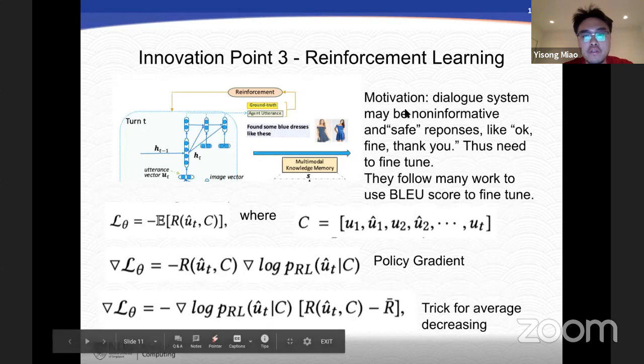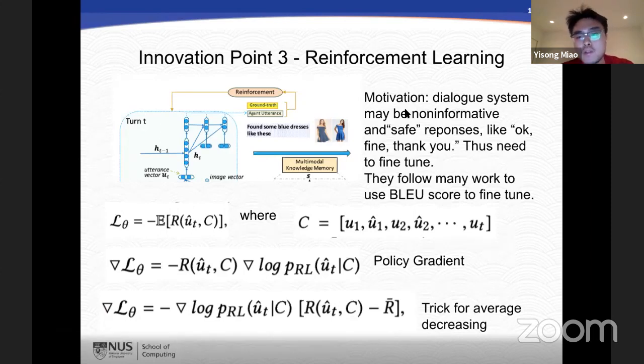It is about reinforcement learning. They use reinforcement learning to fine-tune their dialogue system. So why bother using reinforcement learning? Let me give you a little background. The current dialogue systems cannot function very well, because sometimes they give very non-informative responses, like okay, fine, thank you.